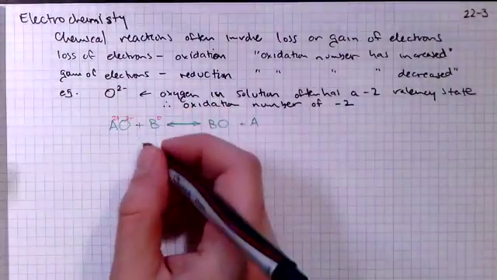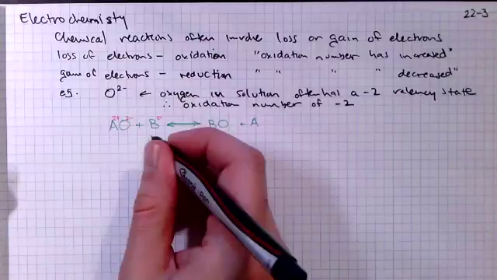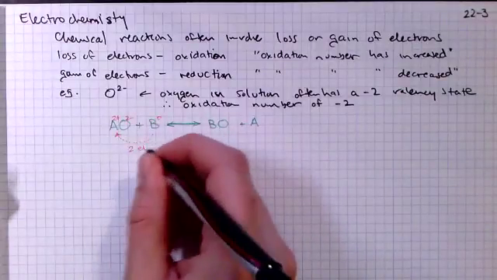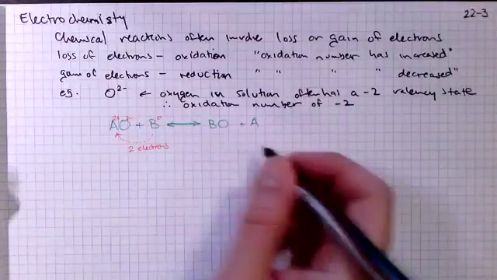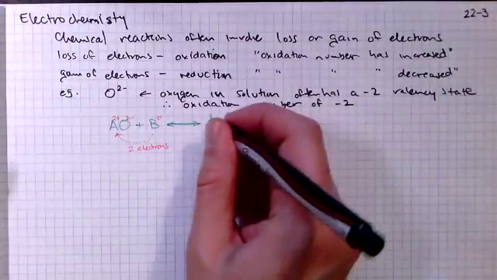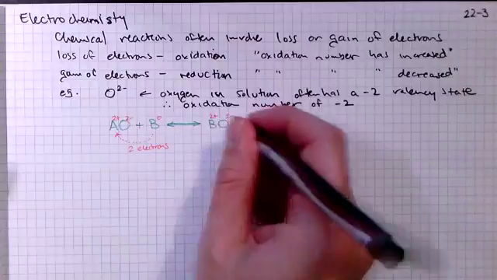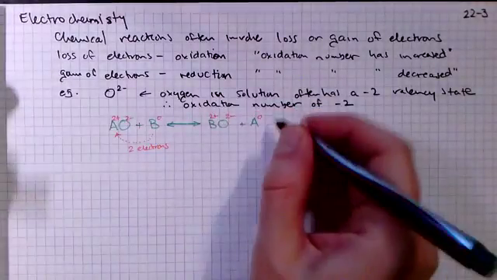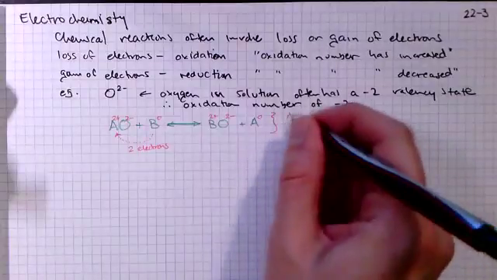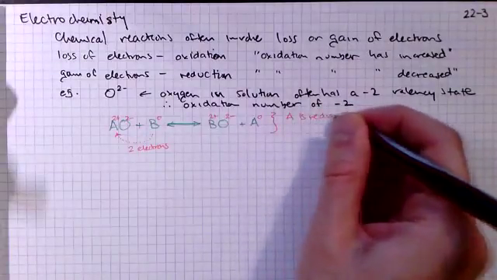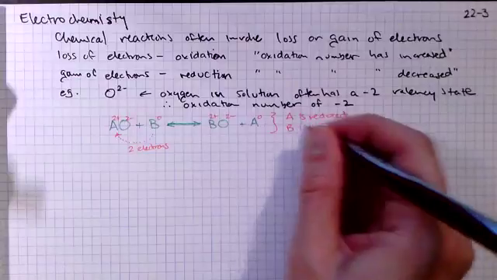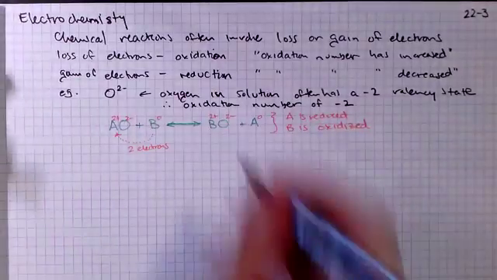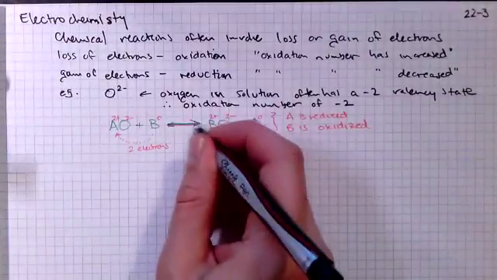So what's happening is the electrons are moving from B to A, in order for B to have a 2 plus oxidation state and A to be electronically neutral. So in this case, we would say that A is reduced and B is oxidized, particularly for this reaction.